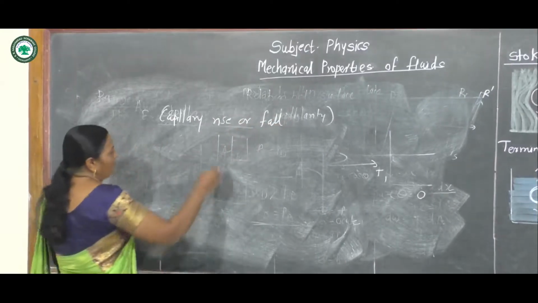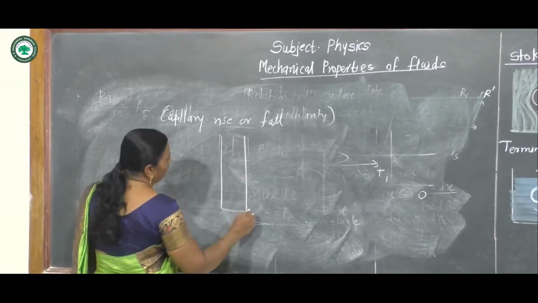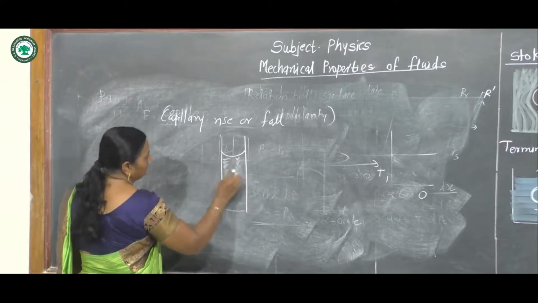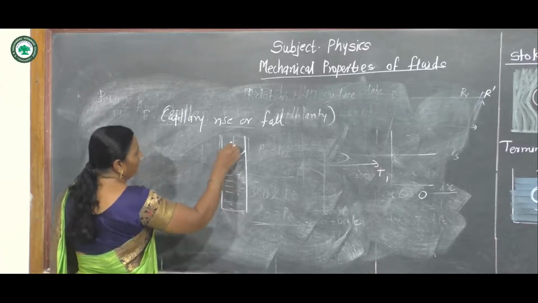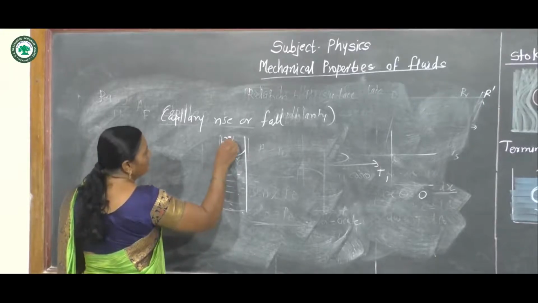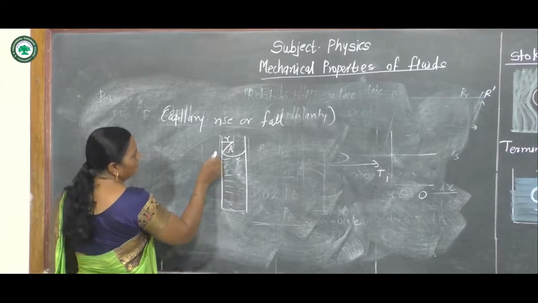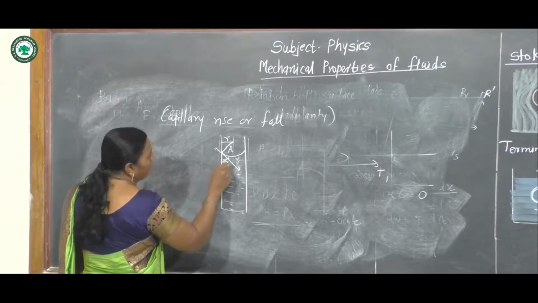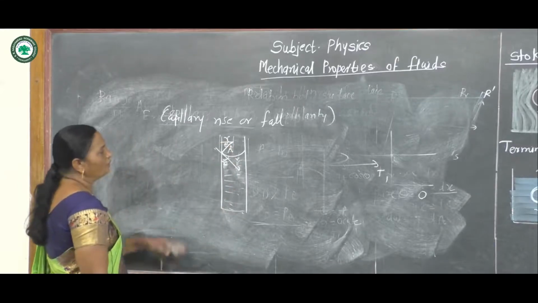In the pressure method, we consider this concave surface. Suppose this is the radius r of the capillary tube, and this is the radius of curvature R. Now suppose we draw the tangent here, this angle is theta. Again, due to geometry, this angle is also theta.